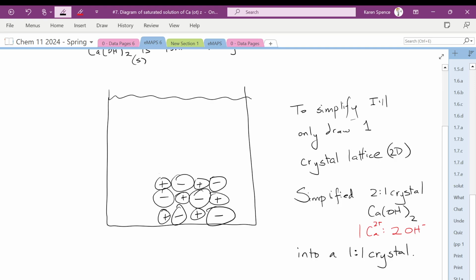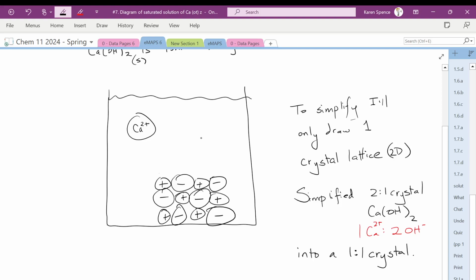Okay, so in this saturated solution, we have calcium 2+ ions, okay? And what other kind of ions do we have?